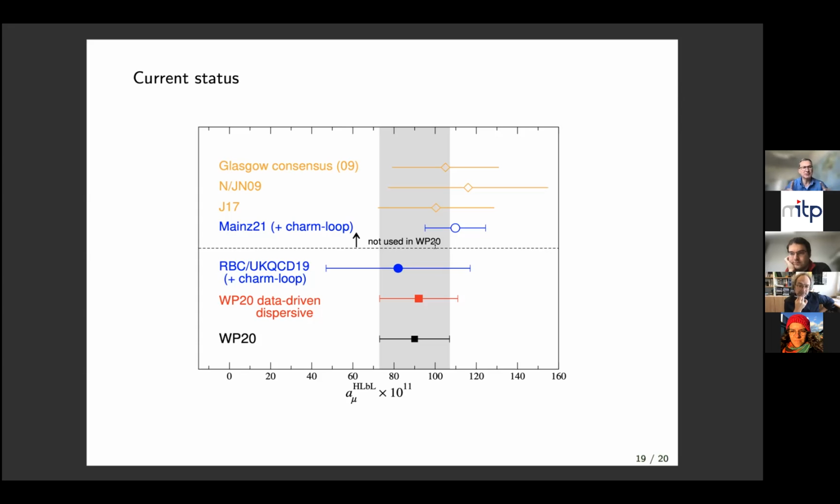And now, of course, within the white paper, one has this more conservative approach where one actually has tensions between different data sets, but also tensions in the statistical evaluation of the dispersion integral. And in principle, this might be overcome at some point. And then we are again in the situation where the light by light might be at least as important for the uncertainty as HVP.